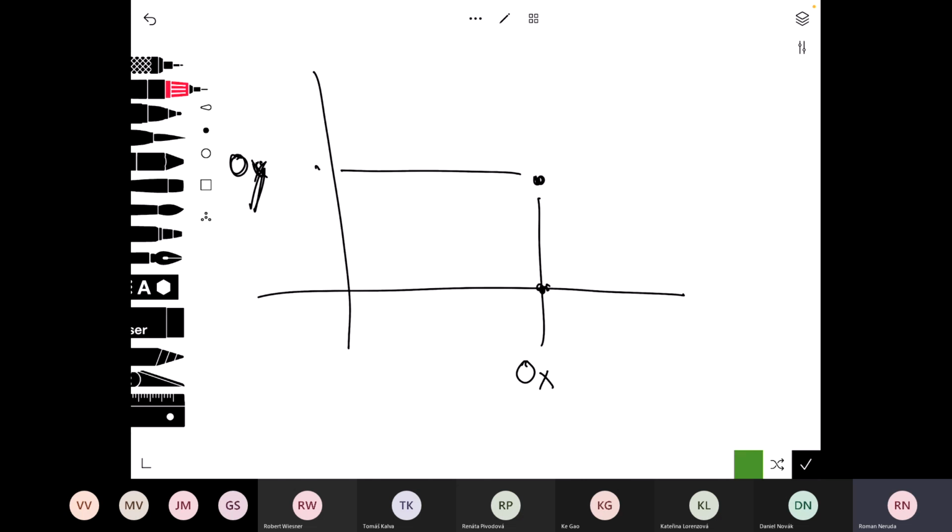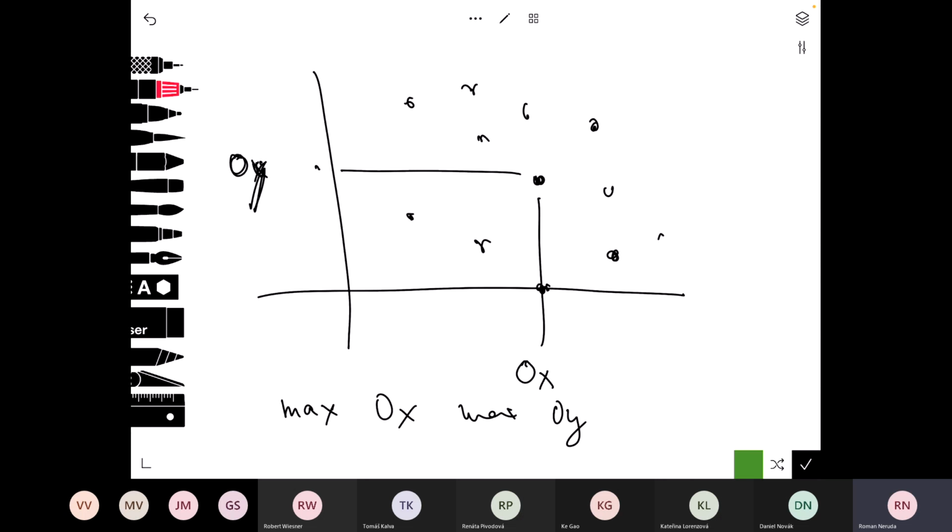So you are trying to find out what's the maximum of OX, and also what's the maximum of OY. Right? So now you can think of different solutions, different points, and can you tell which one is optimal?